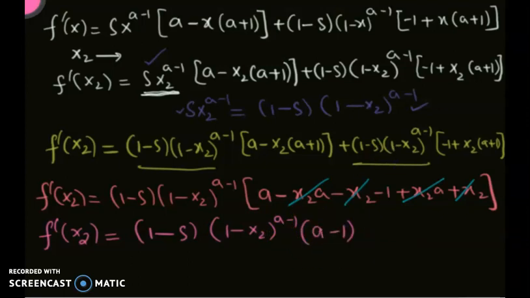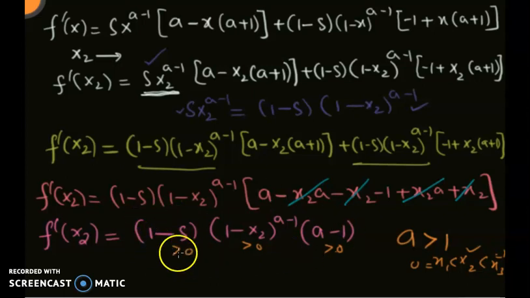Now let me state the assumptions on a. So the assumption on a is a greater than 1. Since a is greater than 1, this quantity is positive. And we also know that x2 was between x1 and x3, in other words 0 and 1. So x2 is less than 1, hence this is also positive, and this is also positive from the assumption on s.